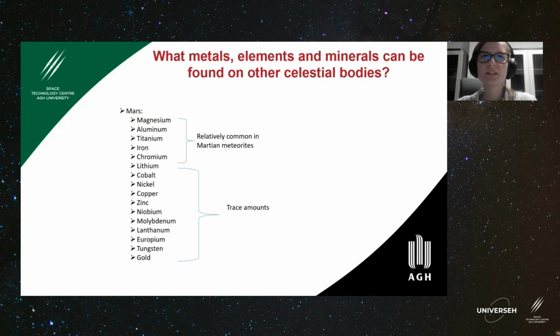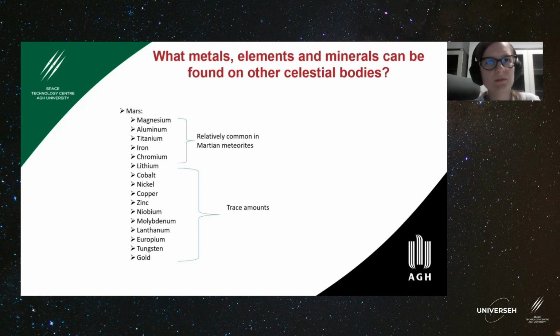And here is an example of what metals, what elements can be found on Mars, on other celestial bodies. For example, in Martian meteorites, magnesium, aluminium, titanium, iron, and chromium are relatively common. And all of them are quite useful in nowadays technology.